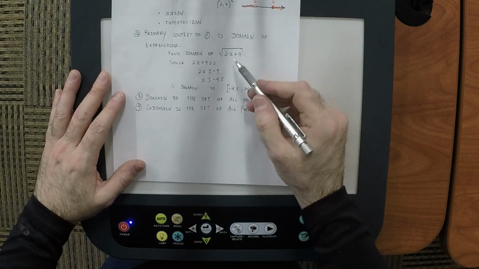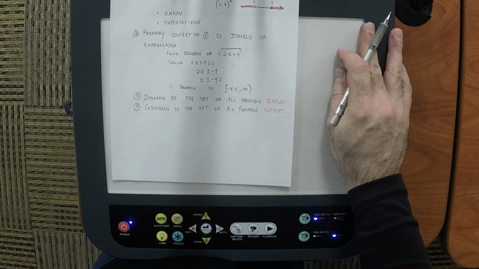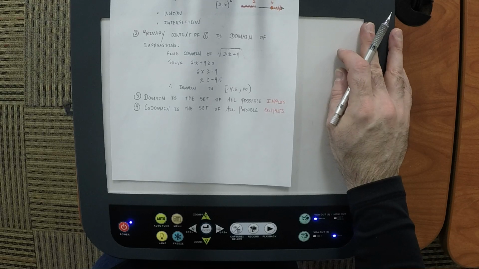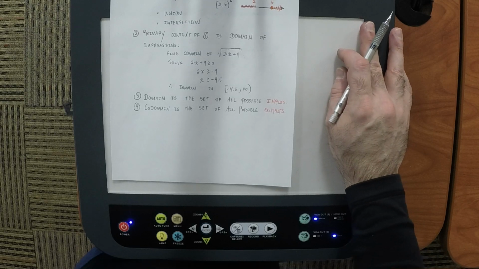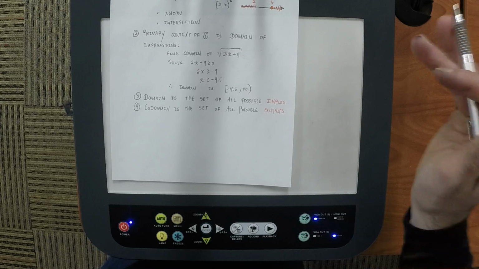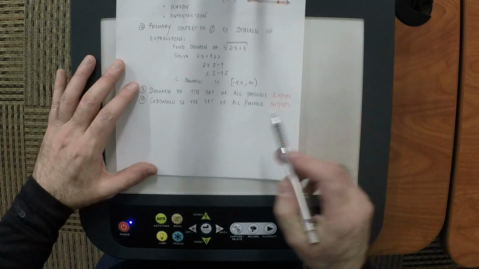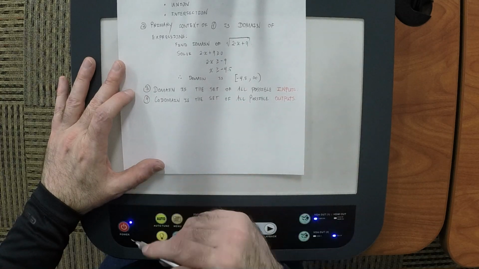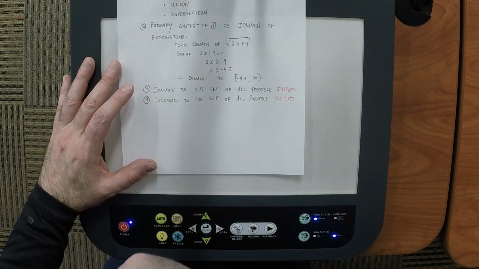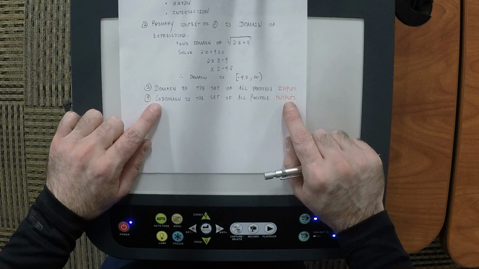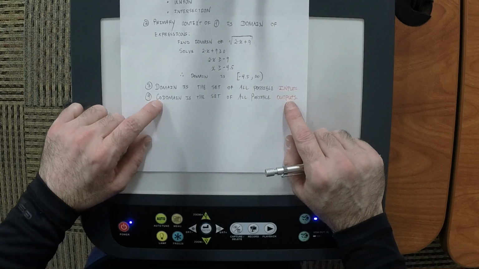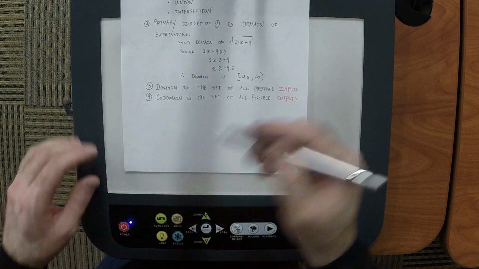Sometimes I'll give you an expression and I'll give you the domain explicitly. So here's the expression, and the domain is thus. And then the only question on such an exercise would be, okay, find the codomain. But we're going to end up being interested in both. For now, finding codomain is just an issue of foreshadowing.